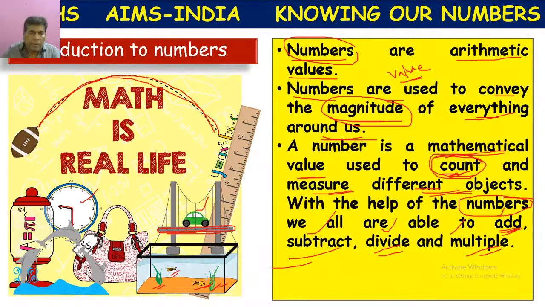So we can add two numbers, we can subtract one number from another number, we can divide a bigger number by a smaller number, we can multiply two numbers. So like that, numbers help in doing addition, subtraction, multiplication, division.